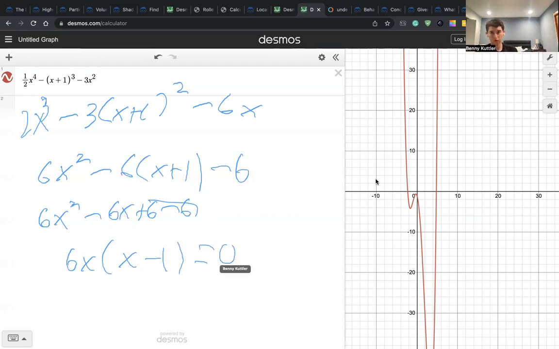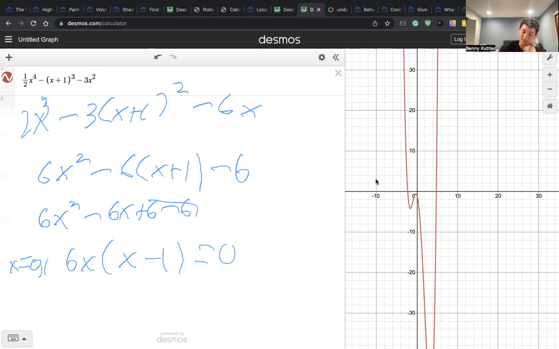Now we're going to look for when this second derivative function changes direction, because that's going to give us an indication of when something changes from concave down to concave up, or vice versa. We know that our zeros are x equals 0 and 1, because that's what would make this 0.